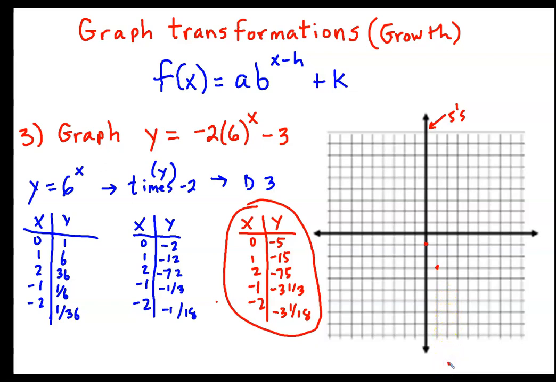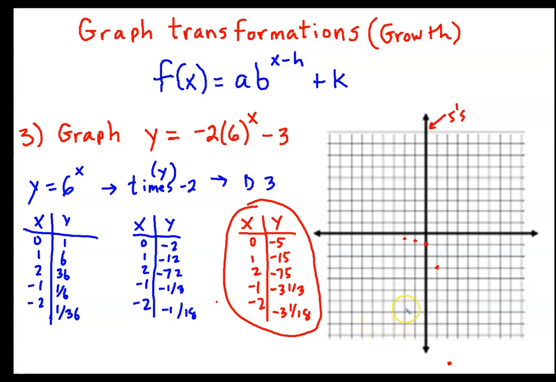We'll call that 15 units or -75. And then -1, -3 1/3. So just approximate, since that's 5, it should be a little bit beyond halfway. -2, and that should be a little bit higher for -3 and 1/18.